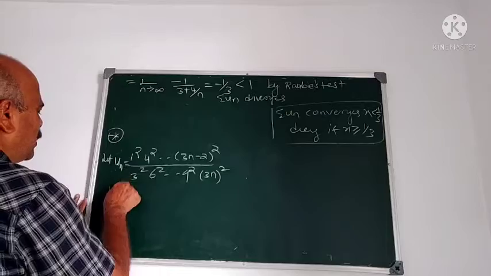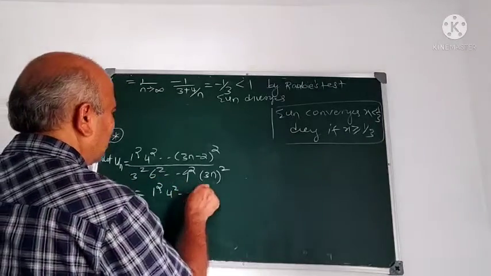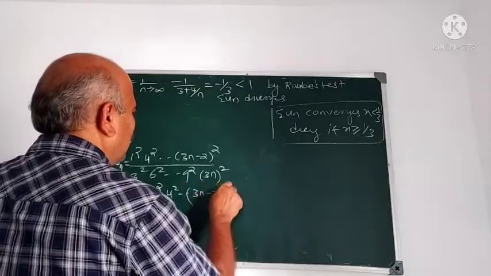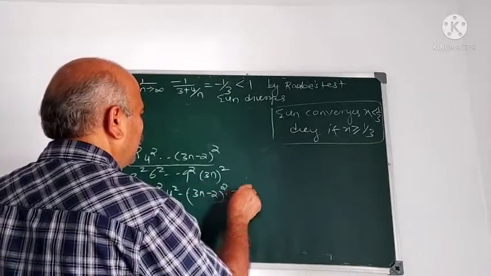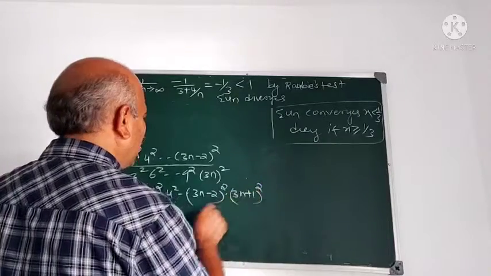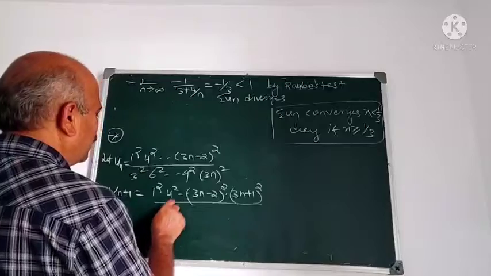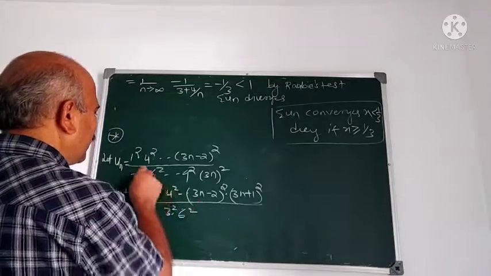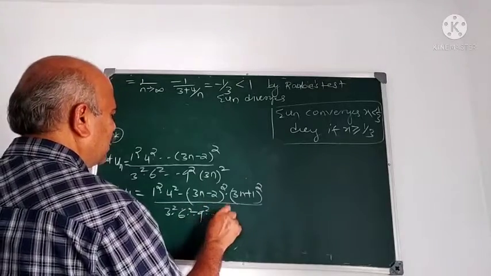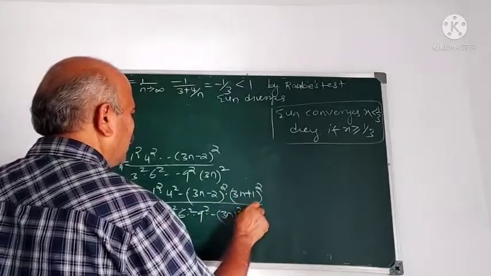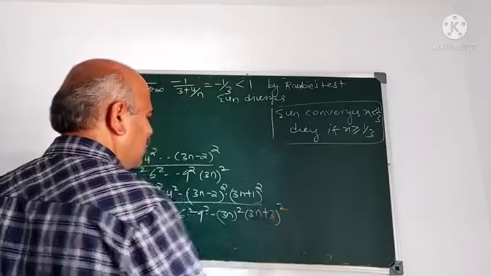So un plus 1 is 1 square into 4 square etc. 3n minus 2 square into 3n plus 1 whole square, divided by 3 square into 6 square etc. 3n square into 3n plus 3 square.